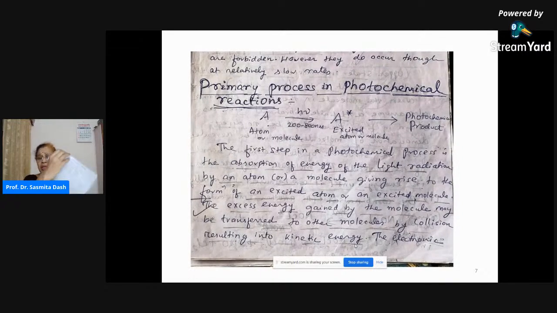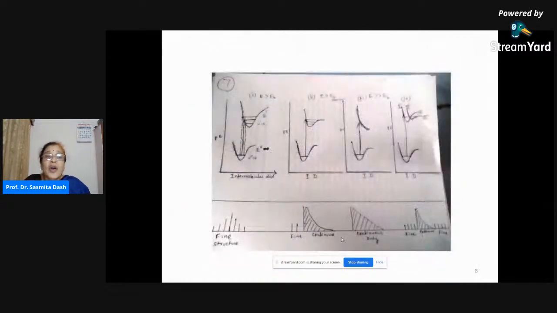Now the electronic energy transition, which occurs on absorption of energy, is accompanied by changes in vibrational and rotational quantum levels, and this is governed by the Franck-Condon principle. When this is governed by the Franck-Condon principle, we can have four different processes or conditions in which it can occur.